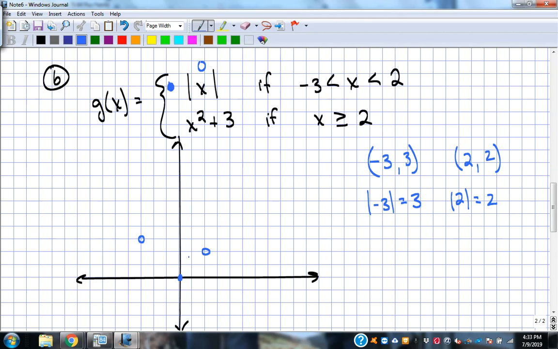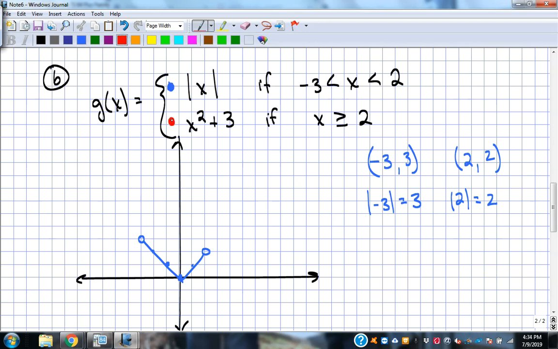So I know that point works. And then I could plug in -1; the absolute value is 1. -2, I could do that and get those points in between and see that I get that V shape happening for that little space right there. Okay. So there we have our first piece.